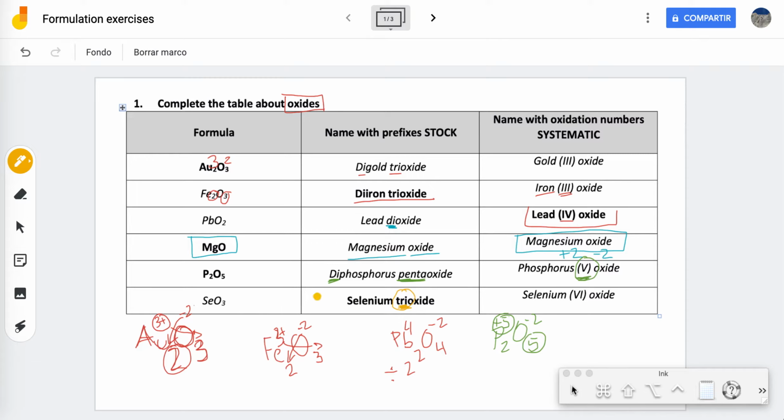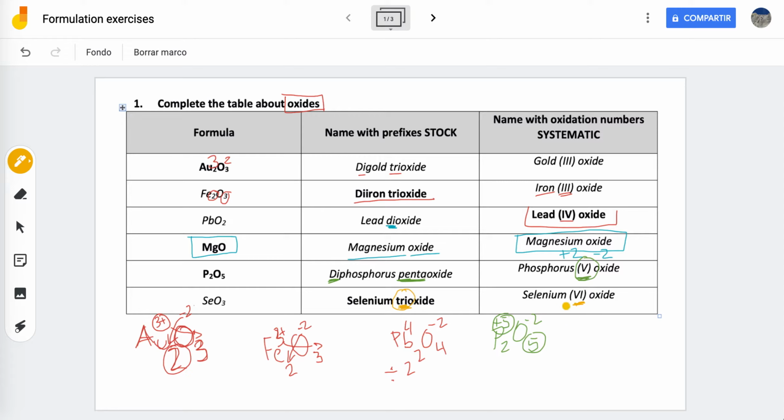This is a really tricky one, the last and the most tricky one, because here, as you can see, selenium is under sulfur, in column 16: oxygen, sulfur, and selenium. Selenium has -2, +4, and +6 as oxidation numbers. In this case it is 6. It could be other numbers, whatever.